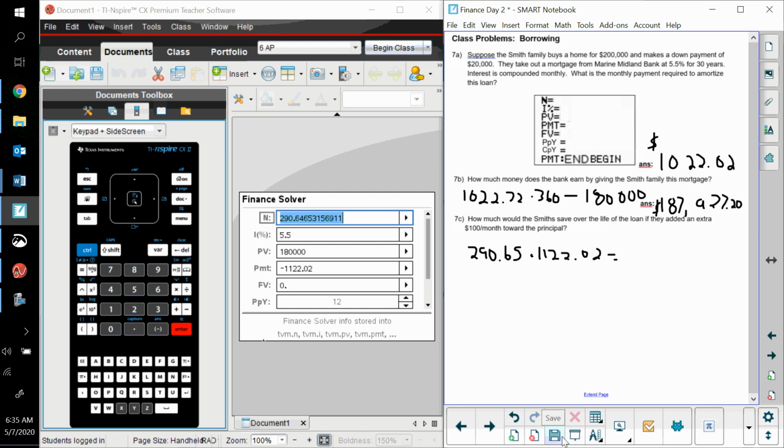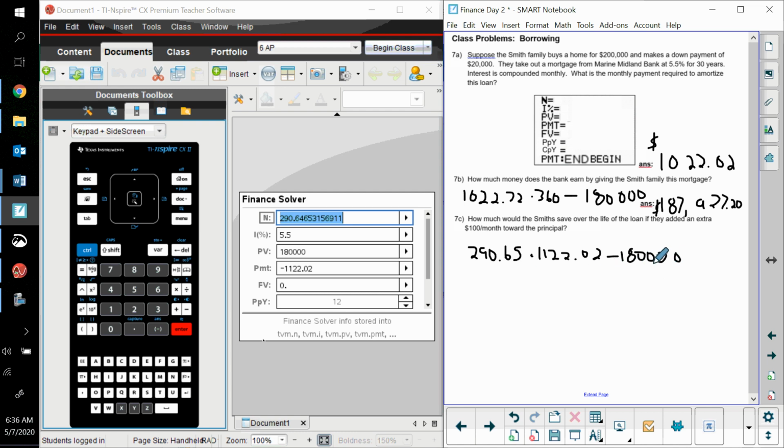And then we'll subtract off the 180,000, which was the amount they actually borrowed. So this first part is the total out of pocket that the Smith family is going to pay now by paying just $100 extra each month. It took fewer months. It only took 290 months instead of 360.